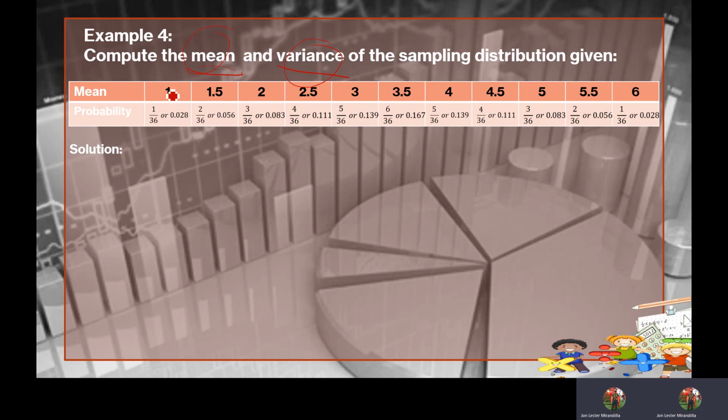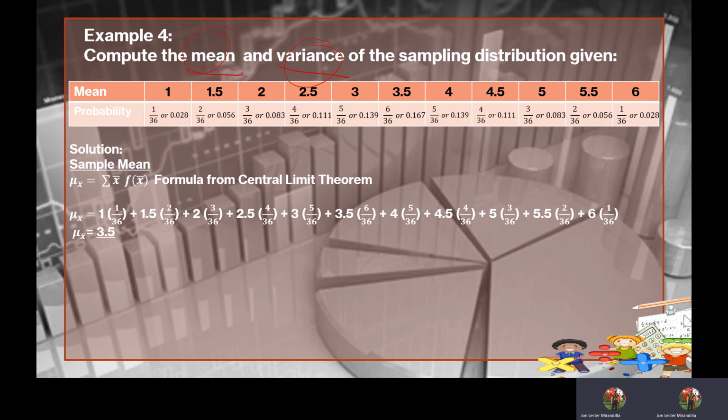So paano nga ba natin makuha yung mean and variance nila? Siyempre, gagamitin natin yung formula ng sample mean, which is mu sub x bar is equal to the summation of, or yung sum ng x bar multiplied by its probability. Ito yung formula from central limit theorem. Ganito lang yan. So, mu sub x bar.